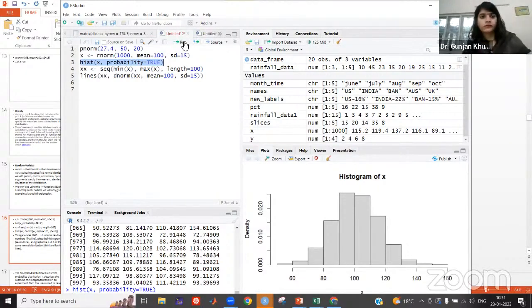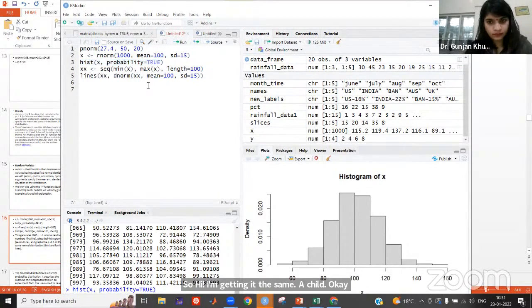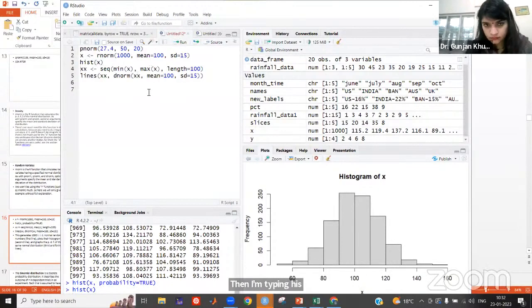I am getting the same. When I'm typing hist x comma probability is equal to true, I am not getting anything in the answer. The same line is copied. You're not able to run this? Just carry out hist x, don't write probability equal to true.